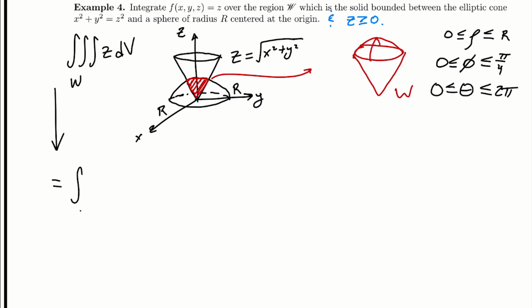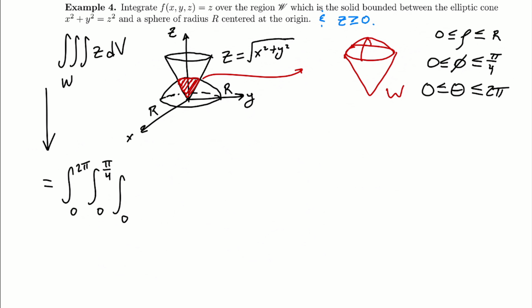So this would be the integral from 0 to 2 pi, the integral from 0 to pi over 4, the integral from 0 to capital R, and then in spherical coordinates, z is equal to rho cosine phi. And as a reminder, dV for spherical coordinates is rho squared sine phi d rho d phi d theta.